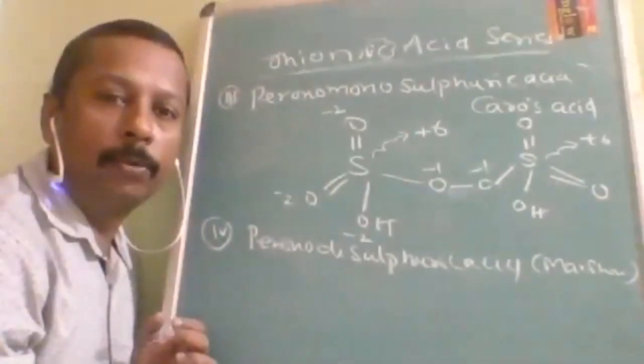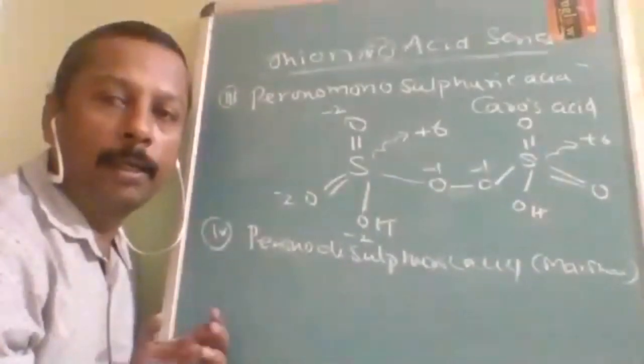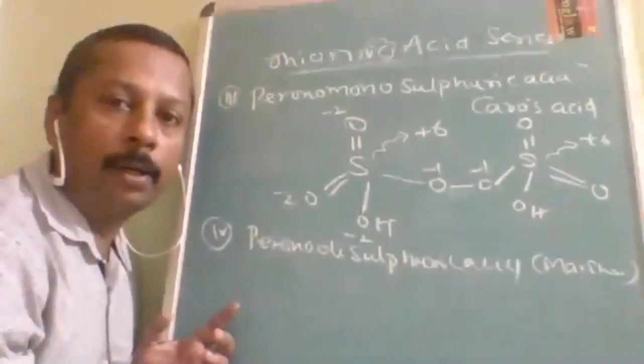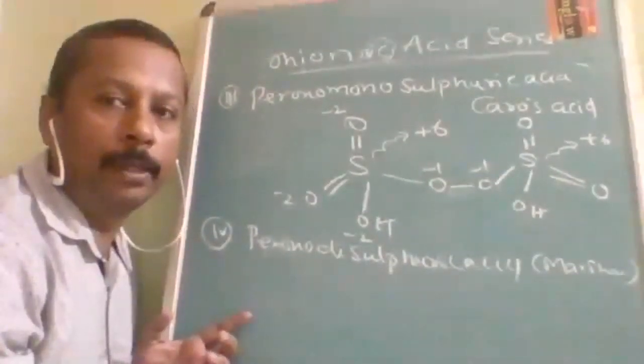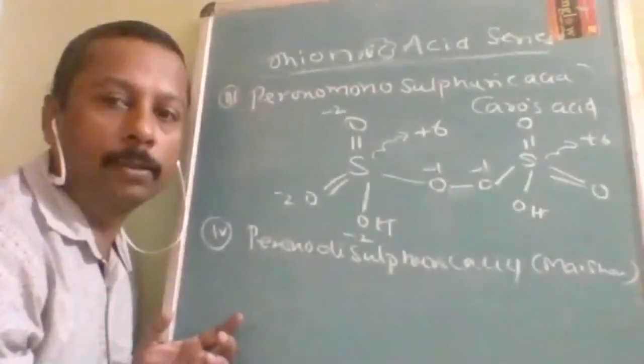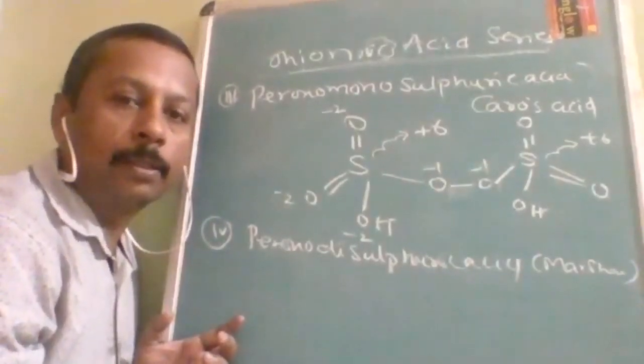When you make notes, what should it contain? It should contain number of OH linkages, number of S-S linkages, number of S-O linkages, oxidation number, average oxidation number. And if possible, try to draw the structures also.